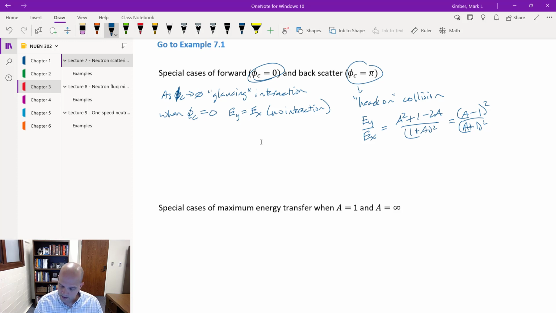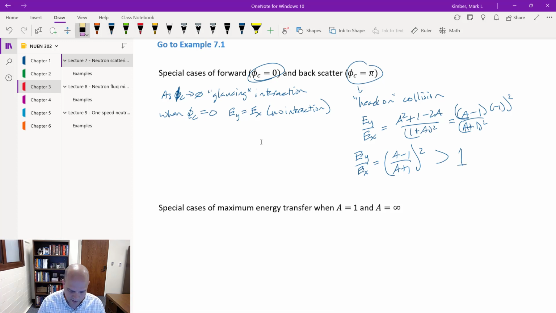Right, actually there's a negative 1 in there. Oh, but the negative 1 can be squared. Right, and the negative 1 squared is 1, so I basically have EY over EX equal to a minus 1 divided by a plus 1, and then that is squared. But this is always greater than 1.